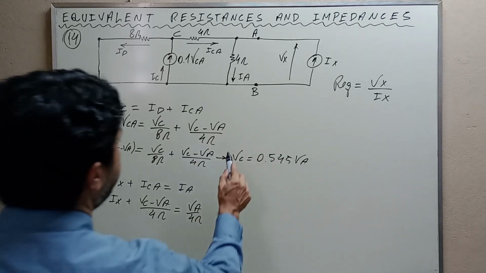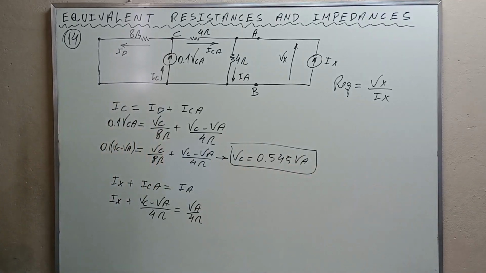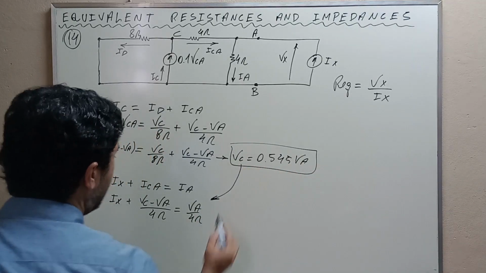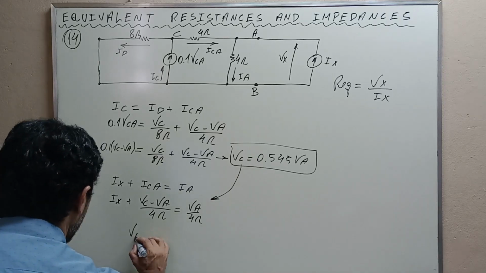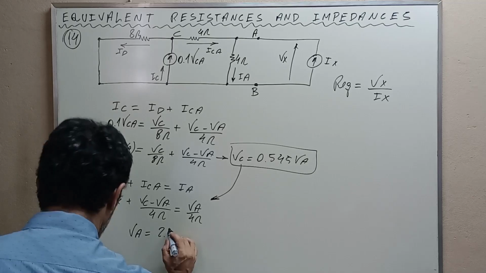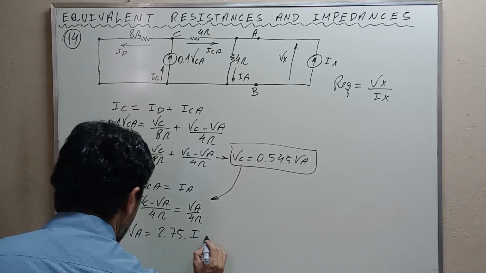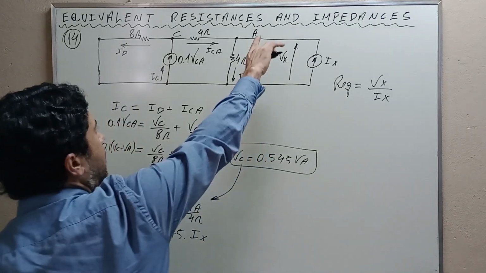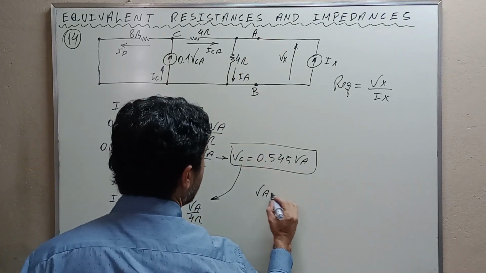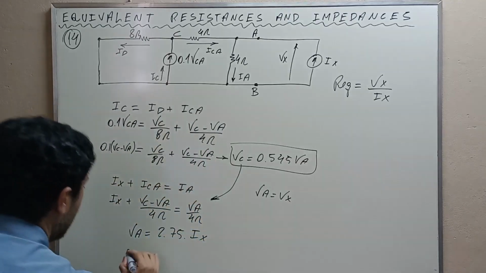Since we know that VC is equal to this, we can substitute VC here, and we find therefore that VA is equal to 2.75 times Ix. And since VA is equal to Vx, observe here that the voltage VA is equal to Vx.